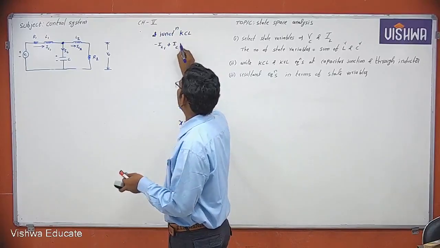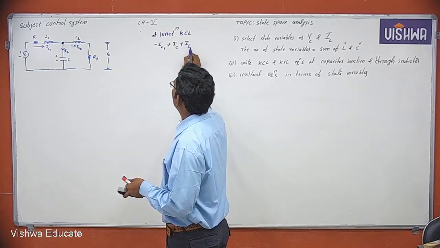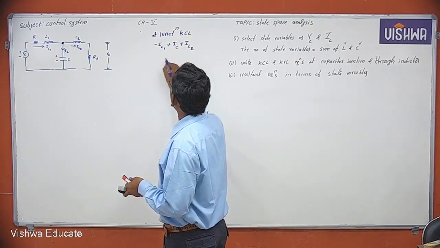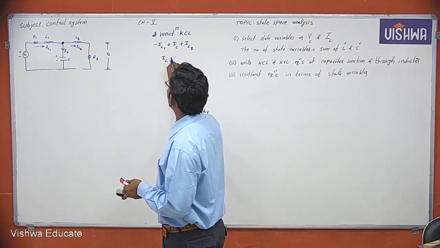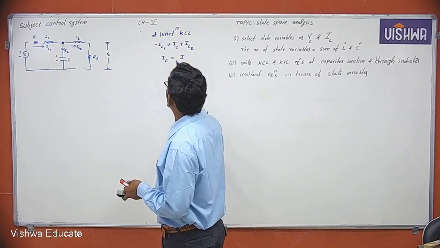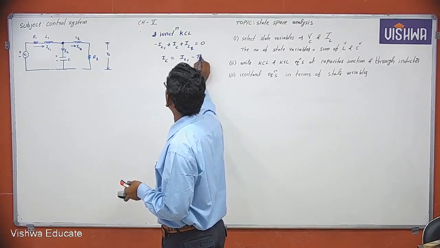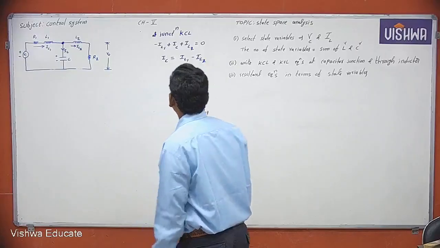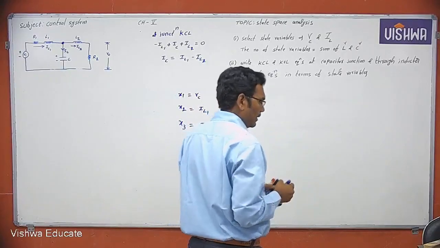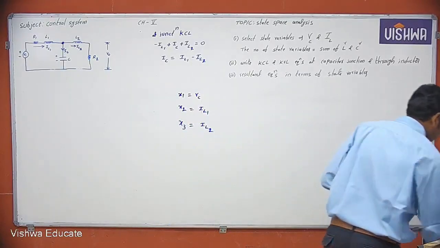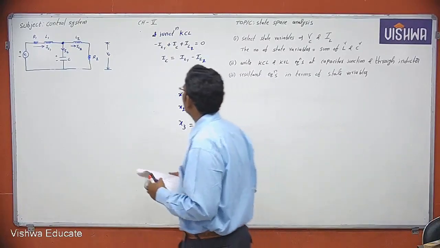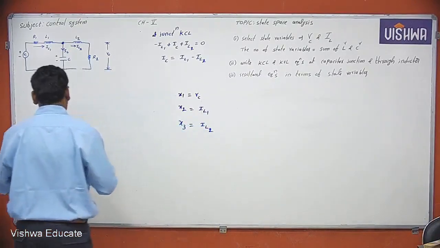Which is nothing but IC equals IL1 minus IL2. Okay, IC equals IL1 minus IL2, and this is KCL.